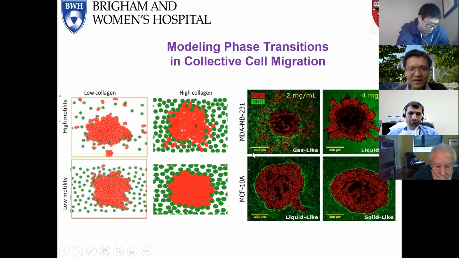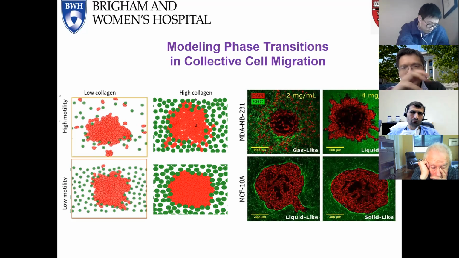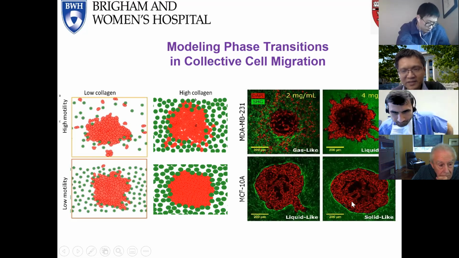For example, they found that in MDA-MB-231 cells embedded in collagen gel, when you change the density, there's a change of behavior. MCF10A cells, for example, are more solid-like.